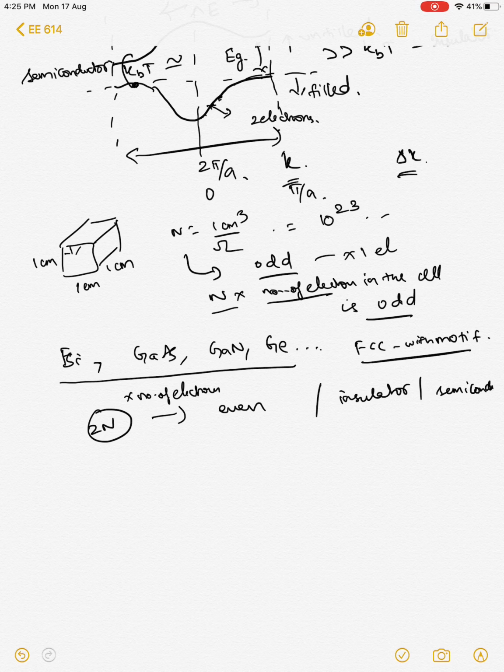You also have materials like silicon dioxide, hafnium oxide, silicon carbide, gallium nitride.